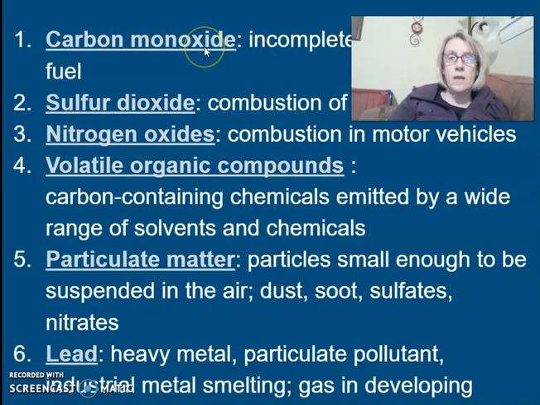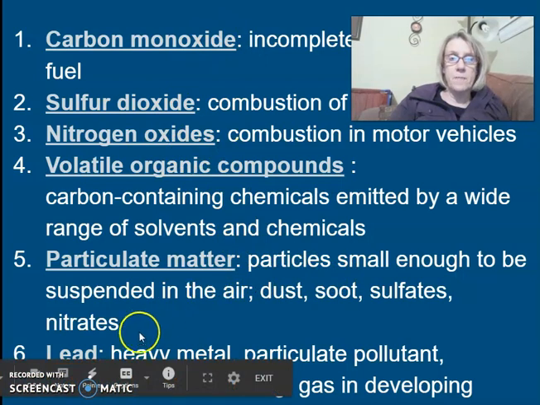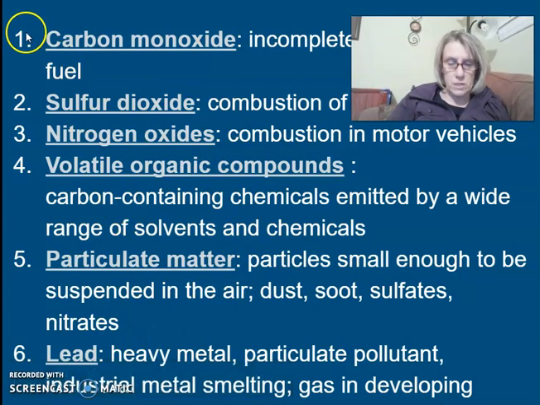So we have carbon monoxide, sulfur dioxide, nitrogen oxides, volatile organic compounds, particulate matter. So these are things that are a little bit bigger than this. These are like particles, but they're small enough that they can be suspended in the air. And then lead.